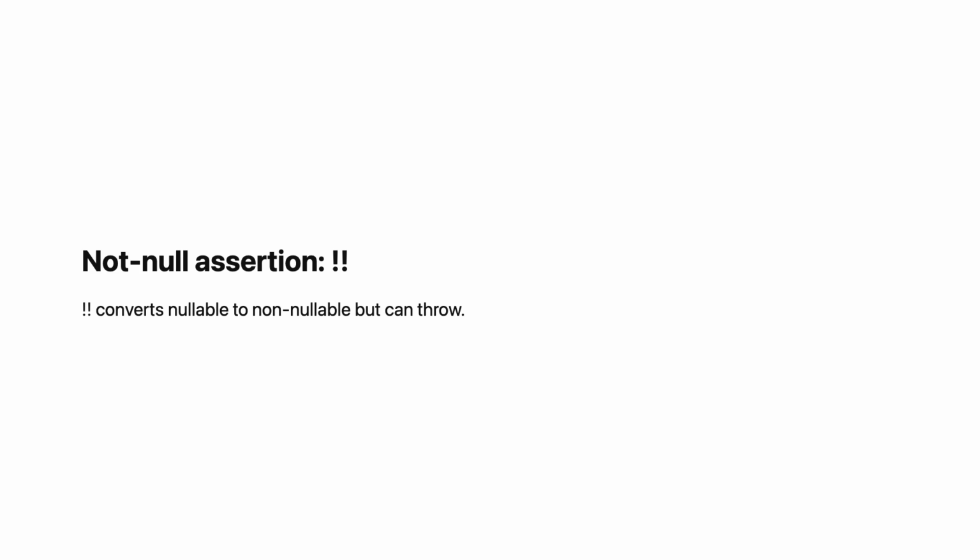Use double exclamation sparingly. It throws away null safety. There are valid uses, such as after a check the compiler does not understand, or in tests when you are certain. Prefer safe calls and Elvis. Use double exclamation only when you have no choice and are confident.